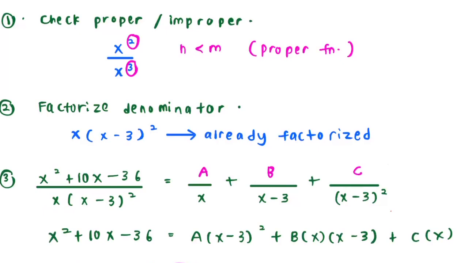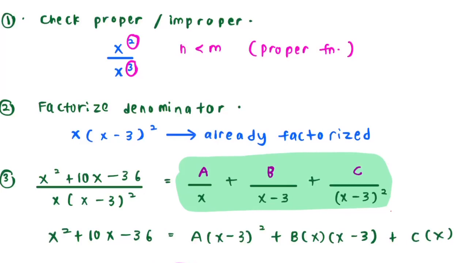This is just a linear, so this is a over x plus, this is repeated linear, so it is b over x minus 3 plus another constant c over x minus 3 squared. Therefore, this is the final answer later on for your partial fraction decomposition after you have filled in a, b, and also c. Now let's try to equate the denominator so that you can further find a, b, and c.